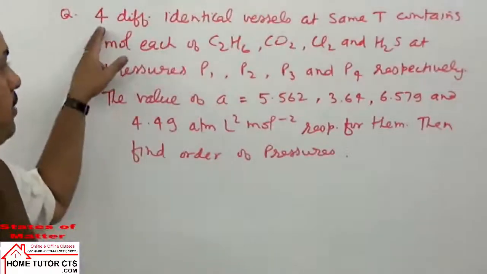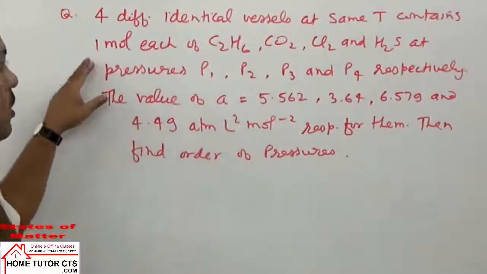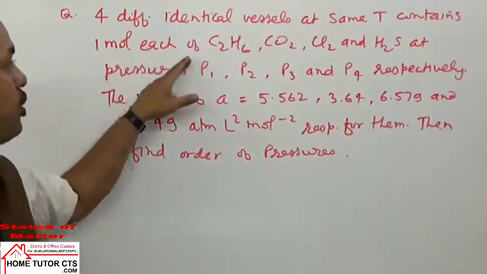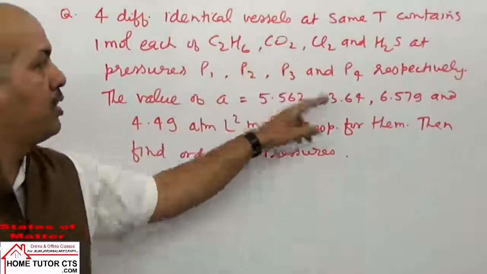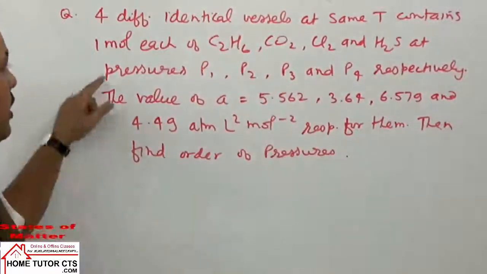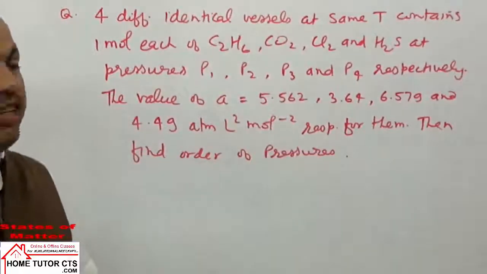4 different identical vessels at same temperature contain 1 mole each of C2H6, CO2, Cl2 and H2S at pressures P1, P2, P3 and P4 respectively.